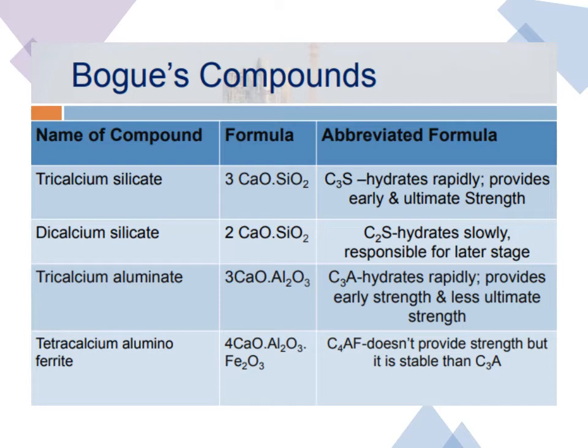Those have been termed Bogue's compounds: tricalcium silicate, dicalcium silicate, tricalcium aluminate, and tetracalcium aluminoferrite.